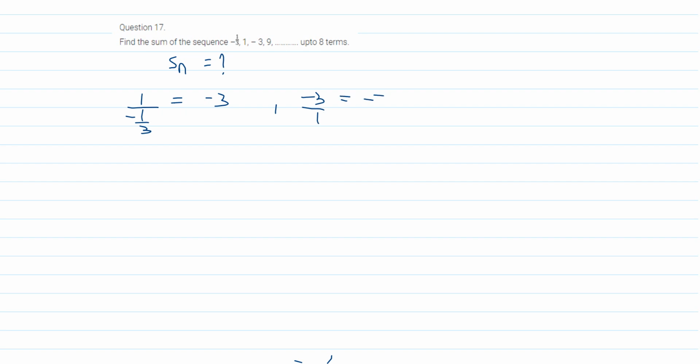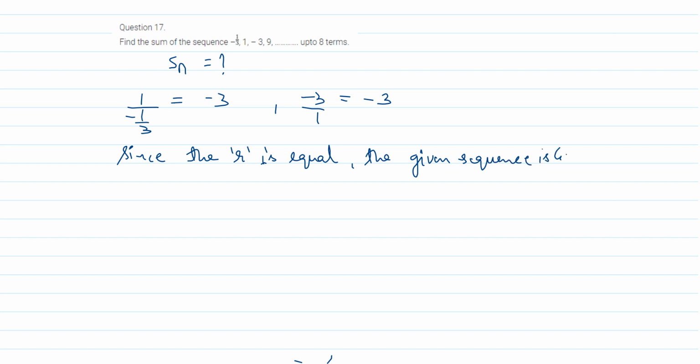Since the common ratio is equal, the given sequence is in GP. So here I can write A is equal to minus 1 upon 3 and my R is equal to minus 3.